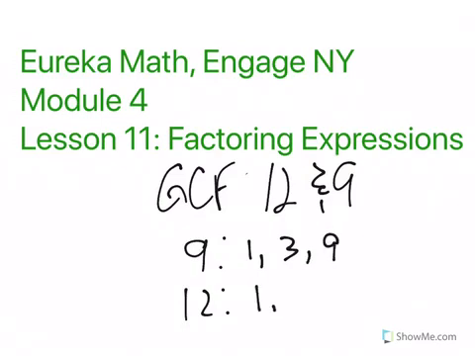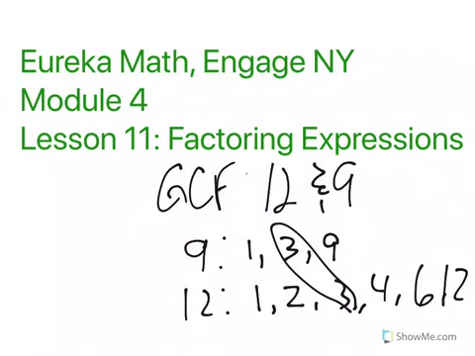The factors of 12 would be 1, 2, 3, 4, 6, and 12. The ones they have in common would be 3 and 1, but you can't use 1 because that doesn't change anything. So it would be 3. The greatest common factor of 12 and 9 would be 3. That's just a little bit of a review on that.